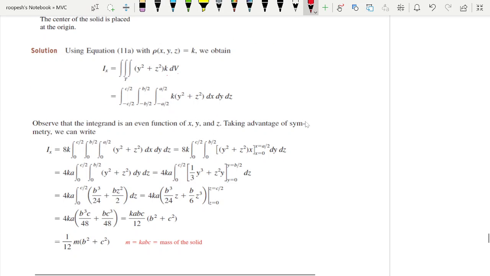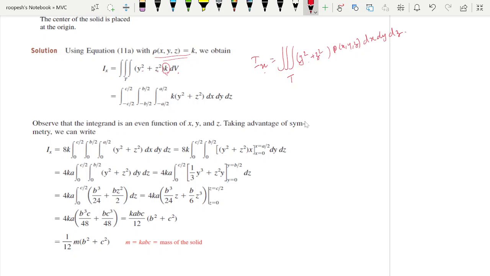So what is the formula for calculating? See here, moment about x means y squared plus z squared into k into dV, because k is given as the density function. The general formula is Ix equals the triple integral over T of y squared plus z squared into rho(x,y,z) dx dy dz.